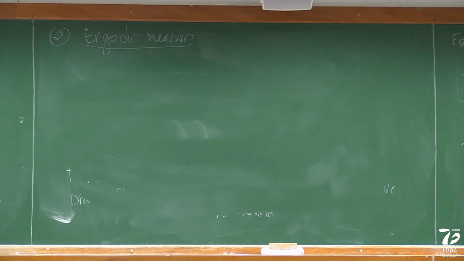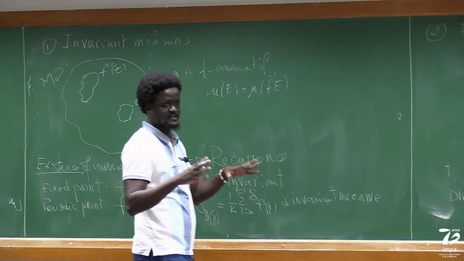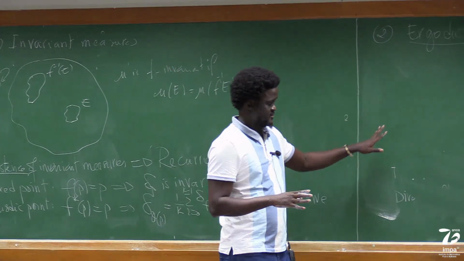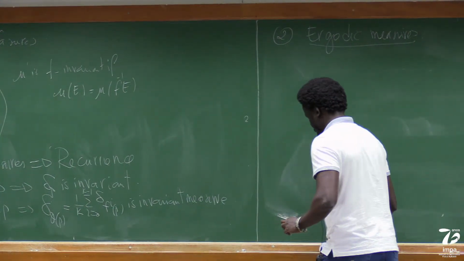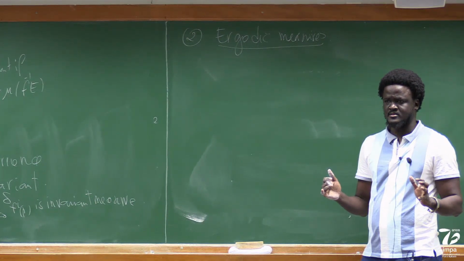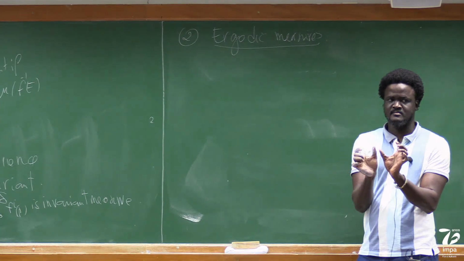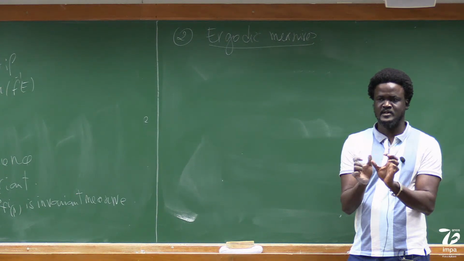For this course, I will only use ergodicity for invariant measures, though you will see in the literature that you can define ergodicity without invariance. But for this course, what does ergodicity mean? It just means that you cannot decompose your system into two systems that have meaning in the measure theoretic sense.